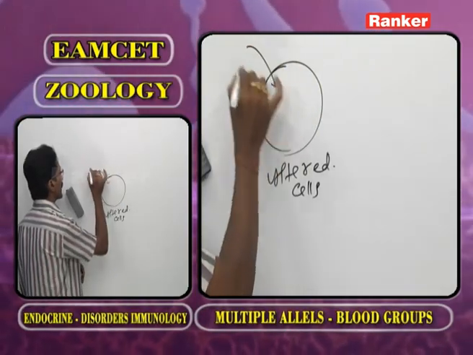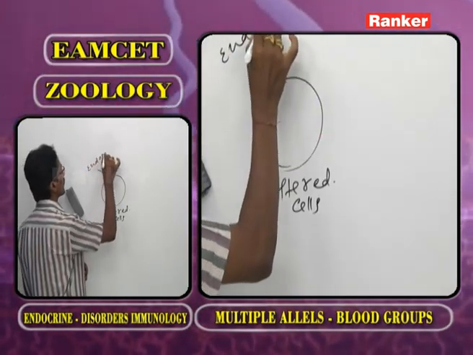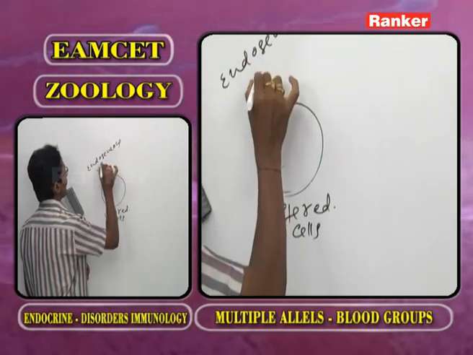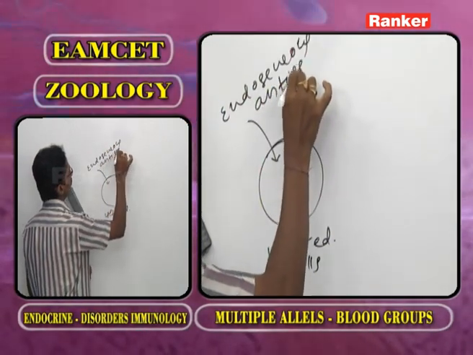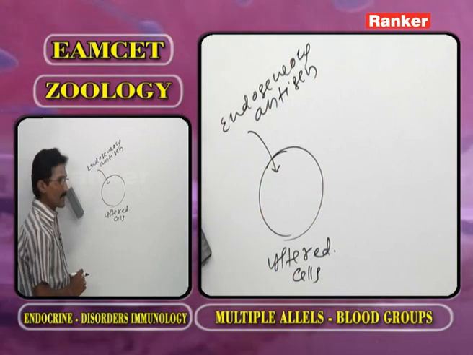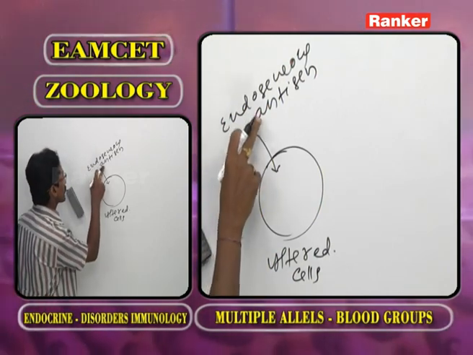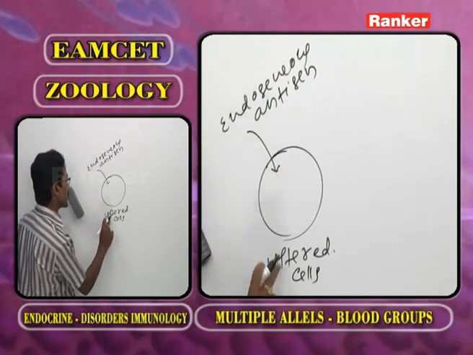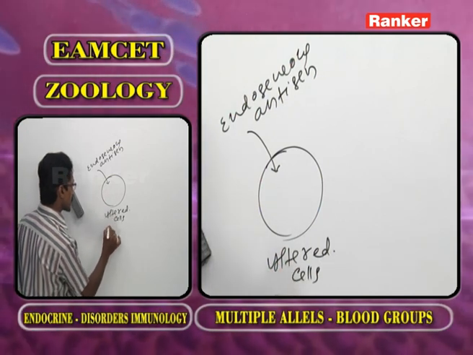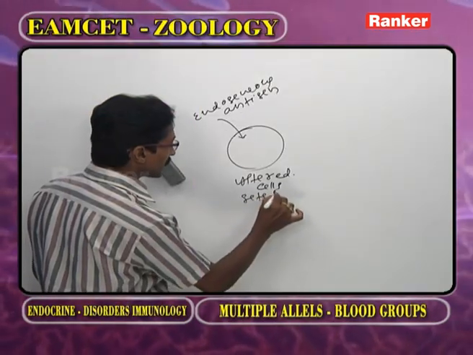Now, the endogenous antigen enters into the altered cell. Because of the endogenous antigen in our body, this cell gets infection.